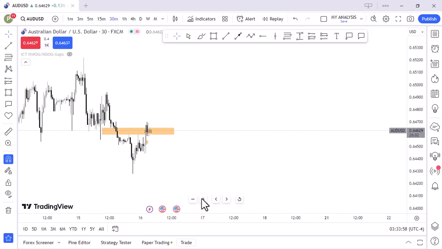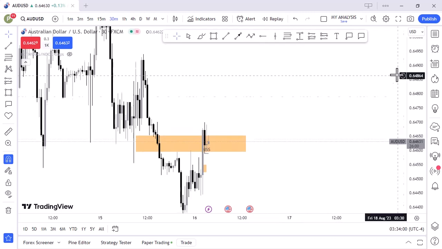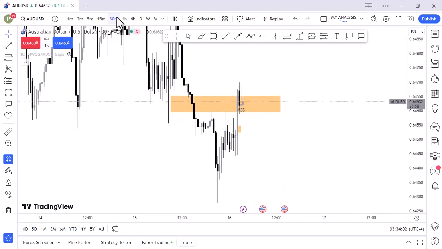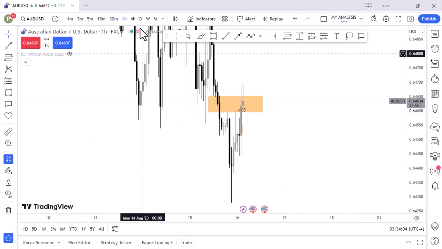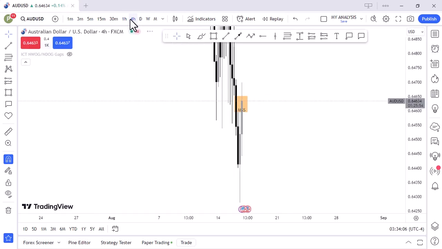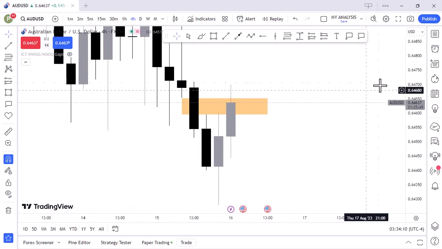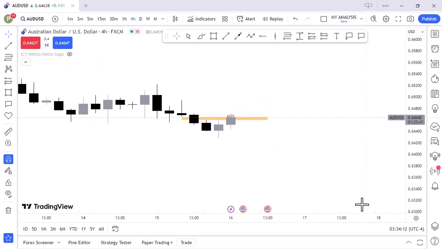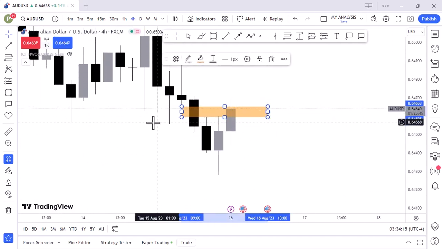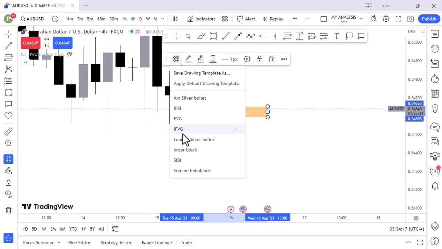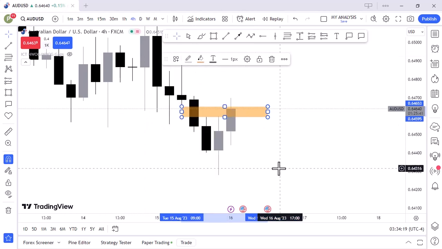So when I'm going to a lower time frame, trading intraday, I'm just looking for those in and out trades. I think those are H4. Was it H4? Yes, H4 time frame. As you can see, this is actually a fair value gap, which is a CB.